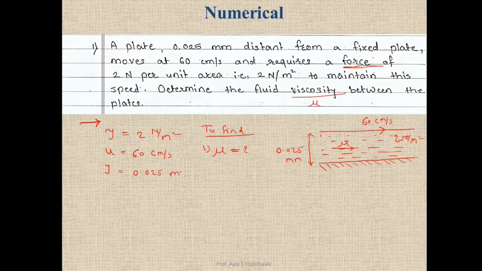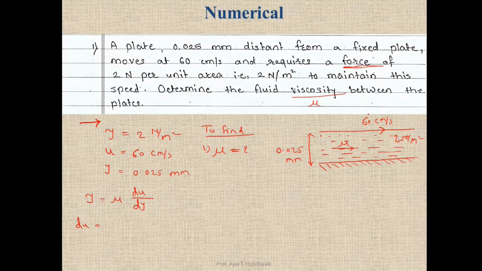0.025 mm. By using Newton's law of viscosity, we know that tau is equal to mu du by dy. Okay, so du is change in velocity. So here what will be du? Here the fluid is flowing with 60 centimeter per second.